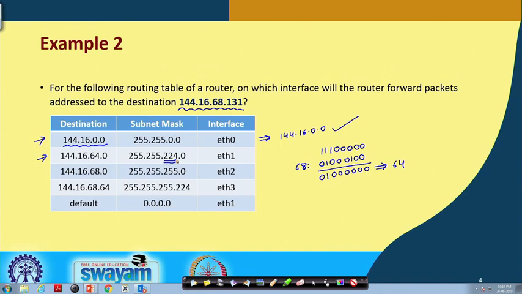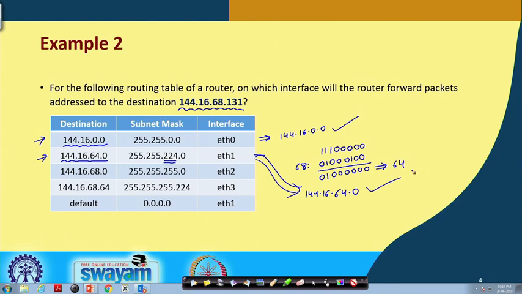So, here also if you do an ANDing, this will come to 144, 16, the third one will become 64, the last one will become 0. So, you see the destination address is exactly that. So, here also there is a match. So, there is a match in the first 2 rows.